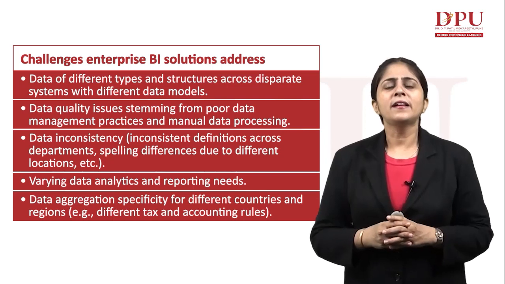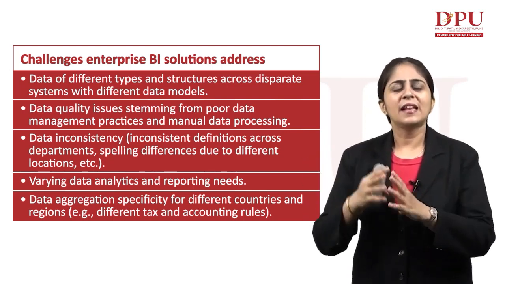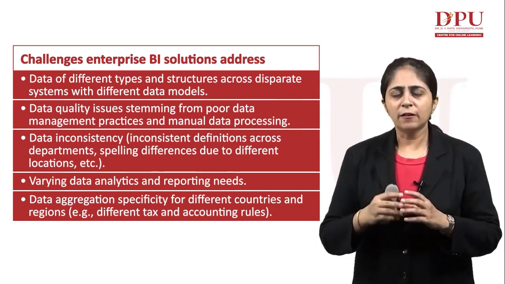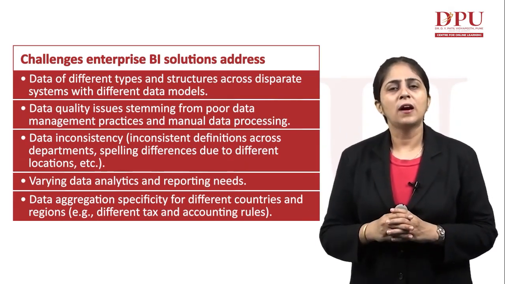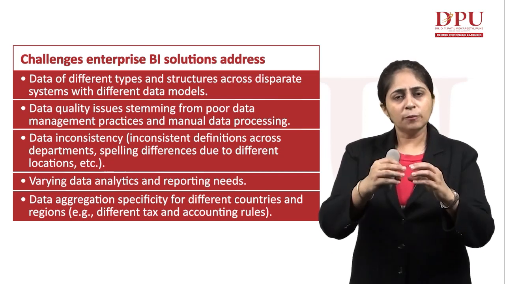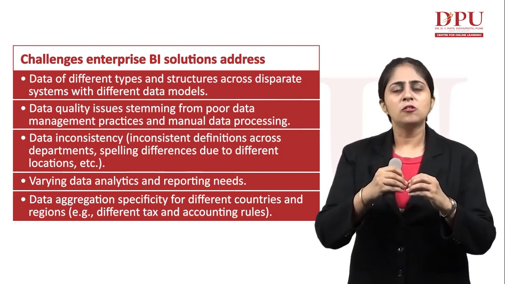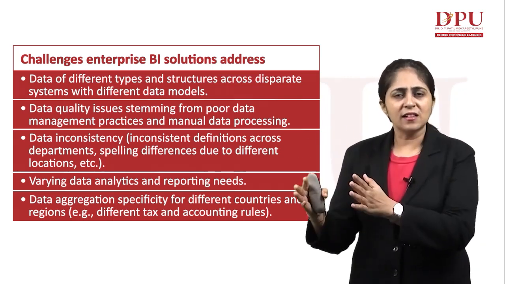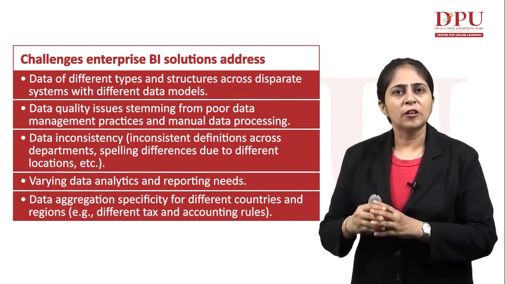See, different countries have different tax and accounting rules. Since we are talking about the data, if we are talking about the purchases of a single company, that product, if it attracts more tax in one country, in another country the tax level is less for that particular product.